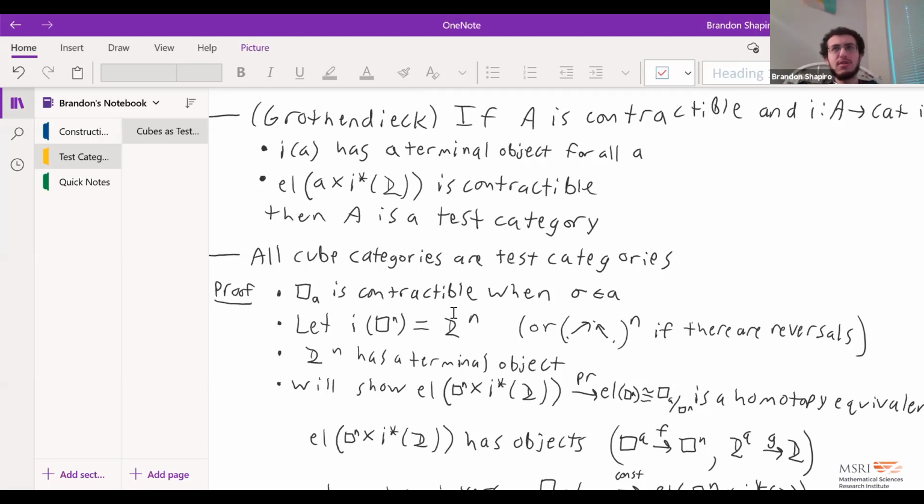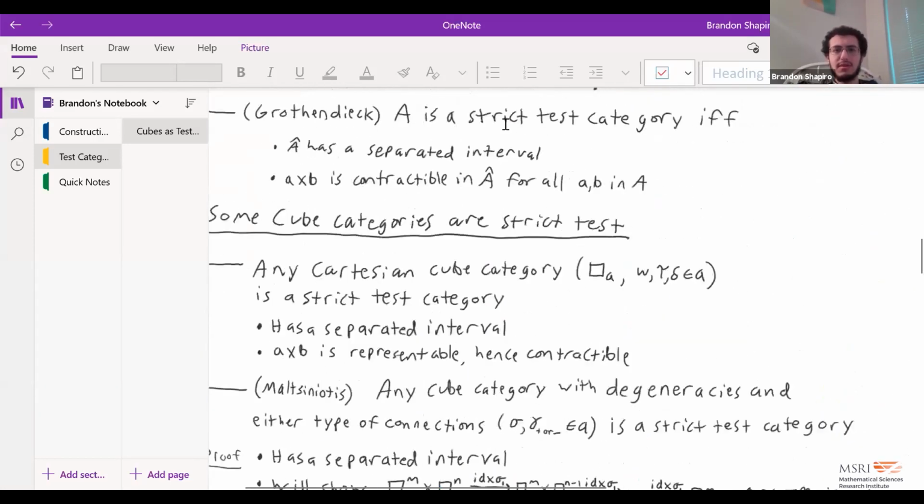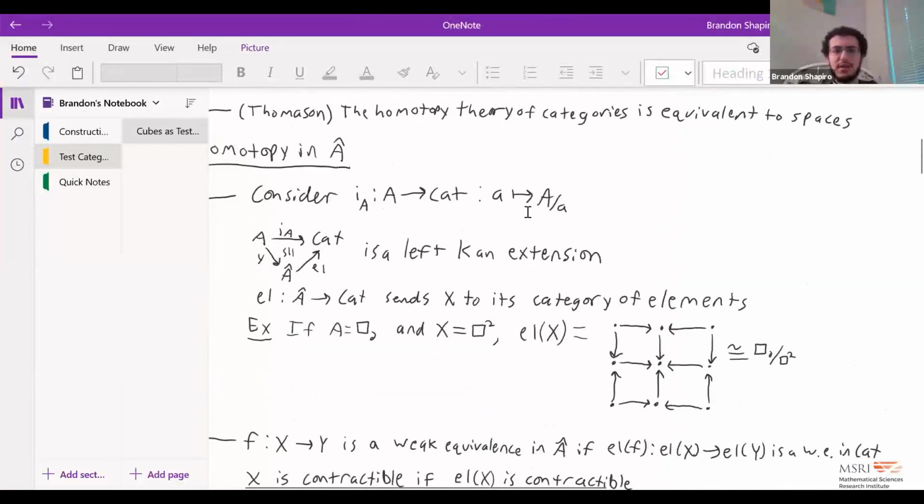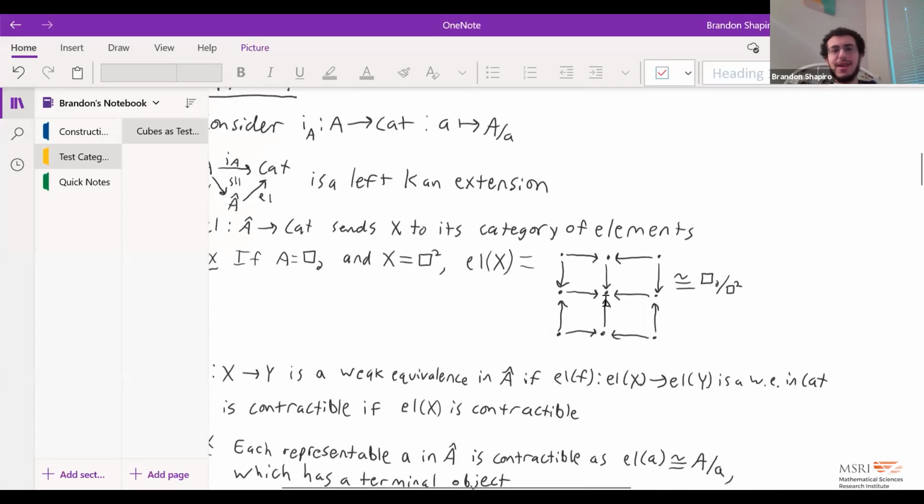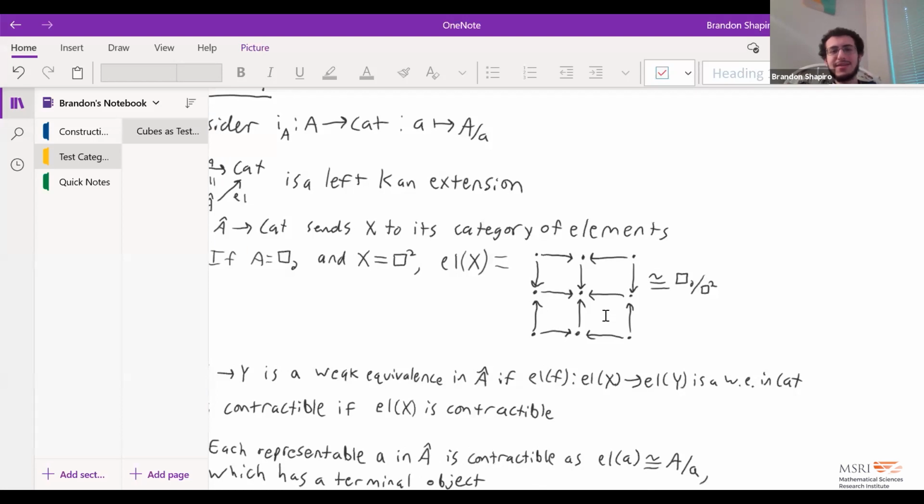So the idea with the category of elements is that it's a not very efficient, but always existing way of determining what space, or more accurately what diagram of spaces, the objects of A are meant to look like. In the case of cubes, there's a picture. Let's see if I can find it. In the case of cubes, what you get here geometrically realizes to a square.